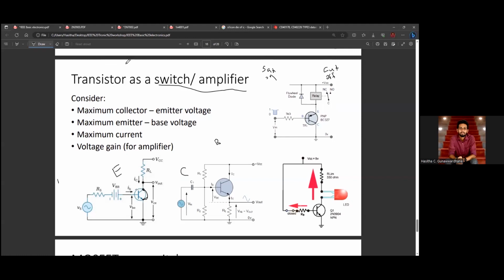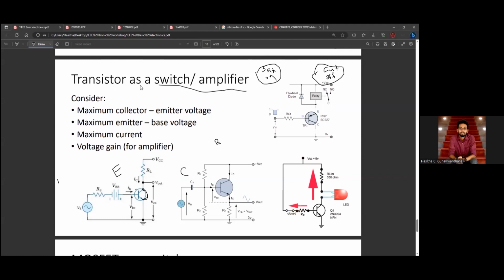If we use the transistor as a switch, we are using these two regions, like a regular switch: we turn on the transistor and we turn off the transistor.